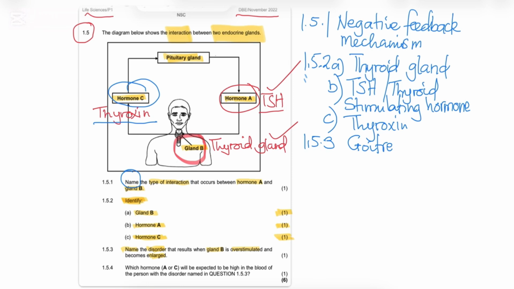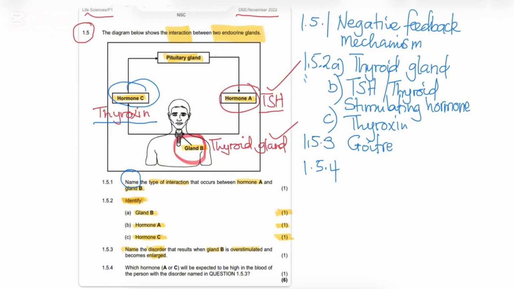Now we move on to question 1.5.4. 1.5.4 is asking us the following question: which hormone, A or C, will be expected to be high in the blood of a person with the disorder named in question 1.5.3?